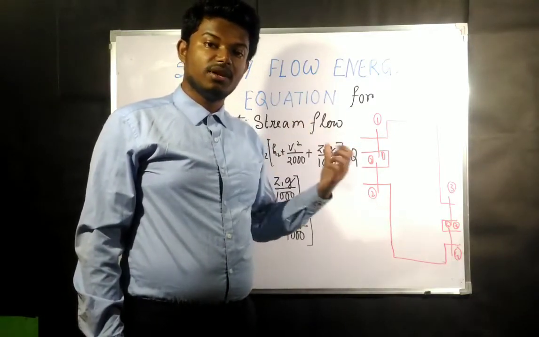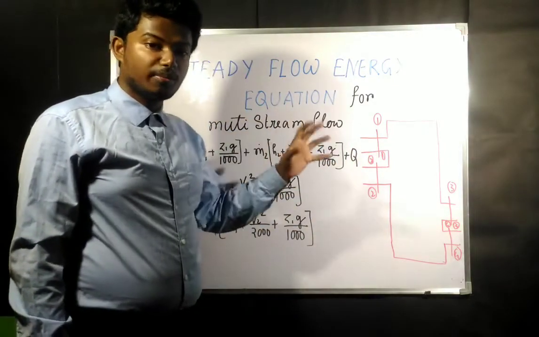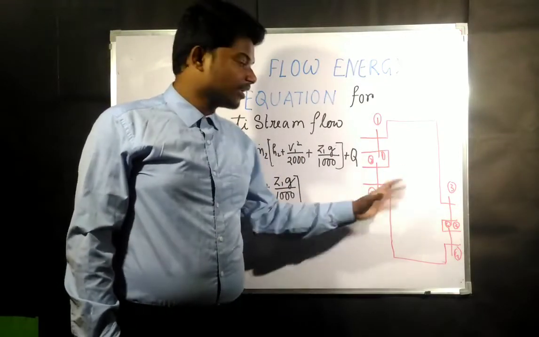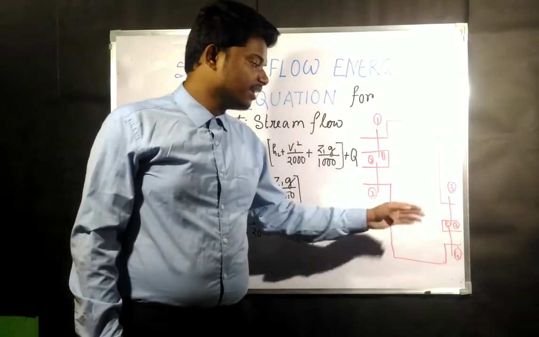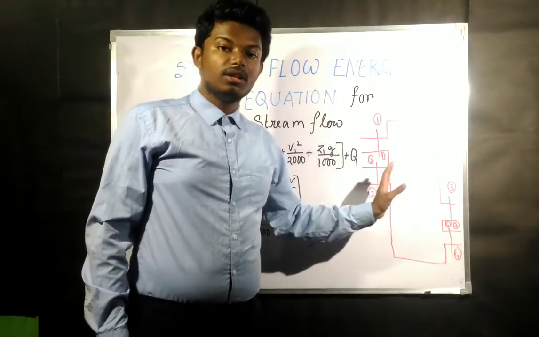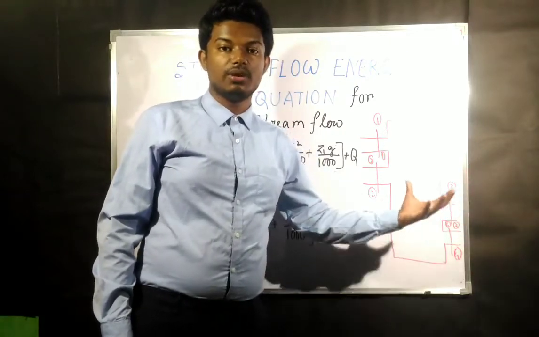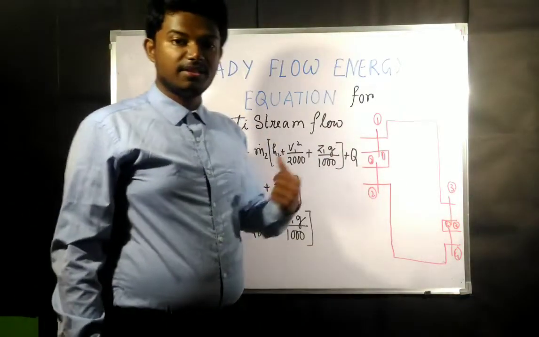What was done in the previous case? On the left side we took all the properties at the inlet, plus the heat, and on the right hand side of the equal sign we took all the properties of the outlet plus the work, that is the shaft work we get from the open system.